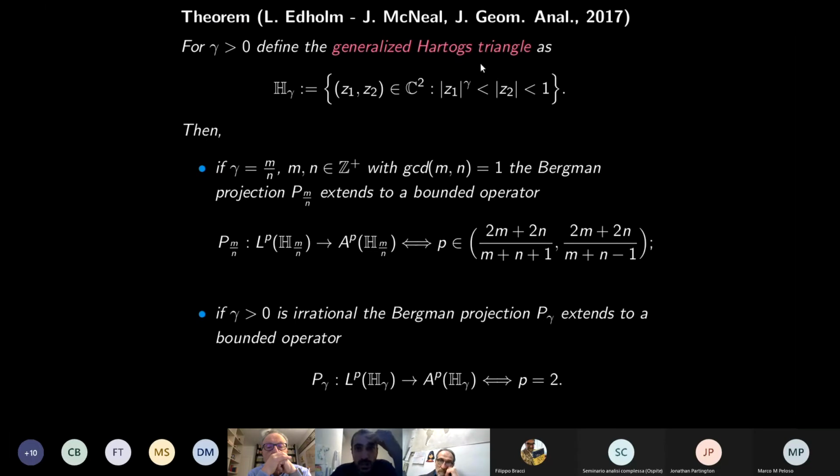Of course, this weight interacts with the origin, which, sorry, I didn't tell you, but you can see it here. Also for gamma equal 1, but for every gamma, actually, the origin is the most pathological point of the boundary of this domain, because you cannot even represent locally the domain there with a continuous function. So this weight interacts with the origin, and so it does play a role.